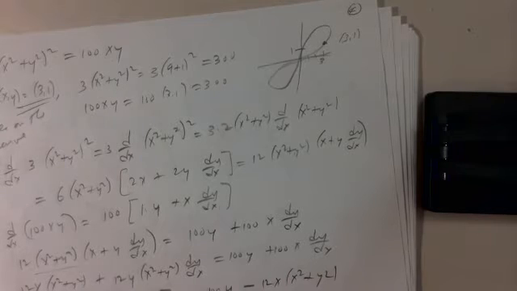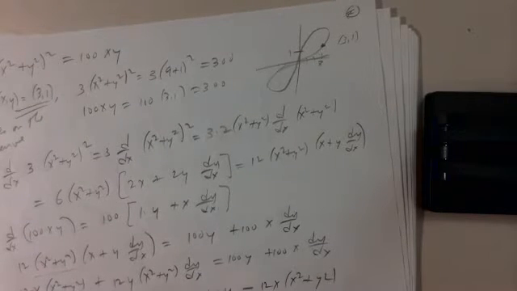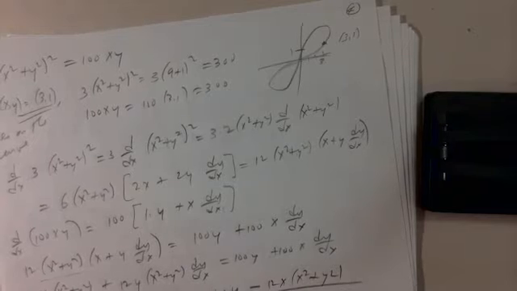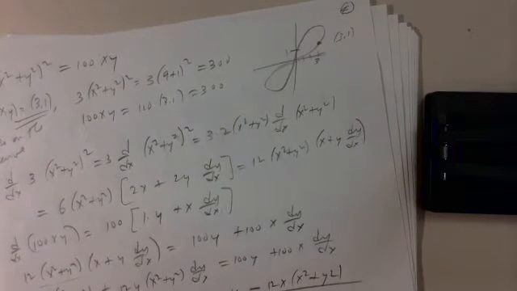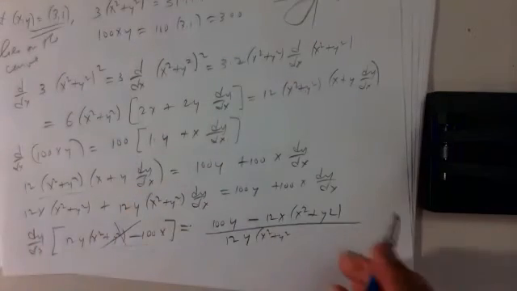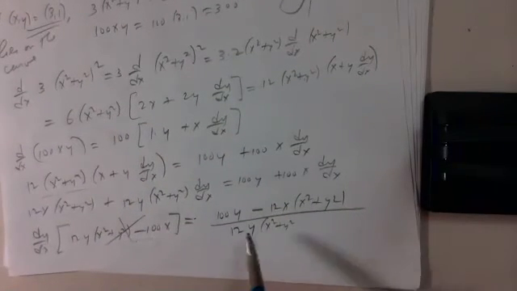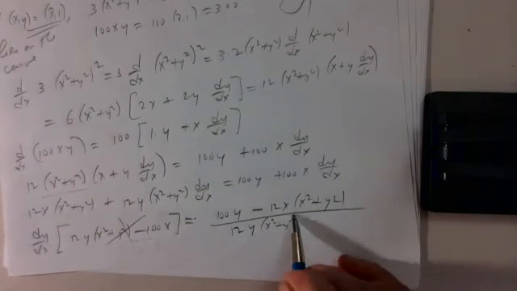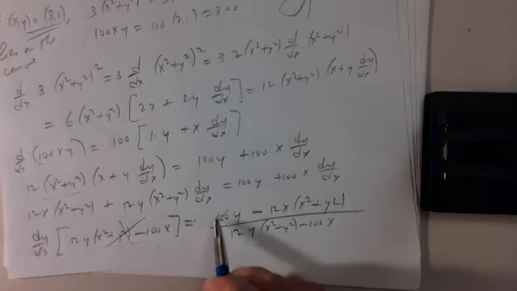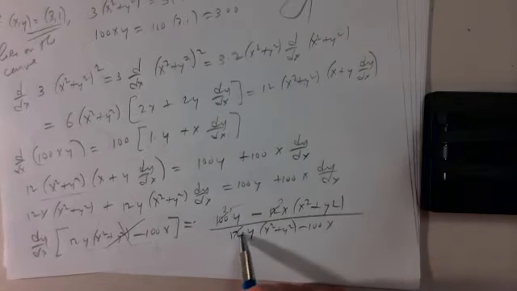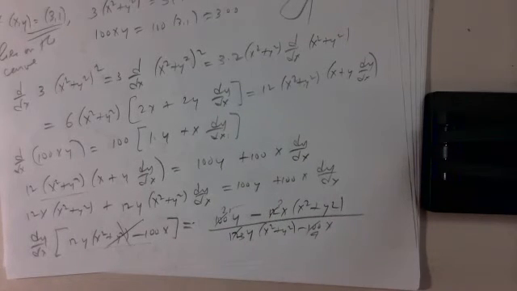So if I take this and divide by it, 12y times (x squared plus y squared) minus 100x, and you can divide by 4 if you like, you get whatever turns out to be the answer. I mean, that's what the answer is.